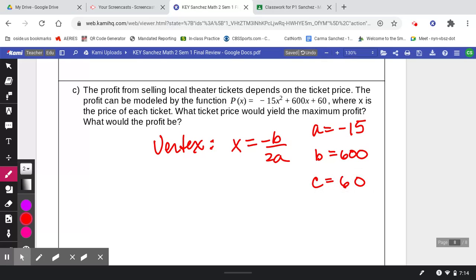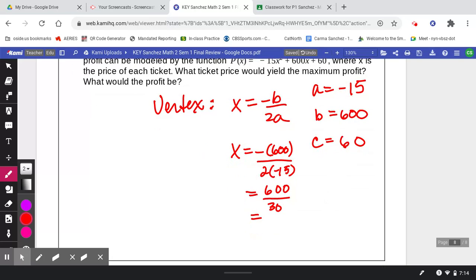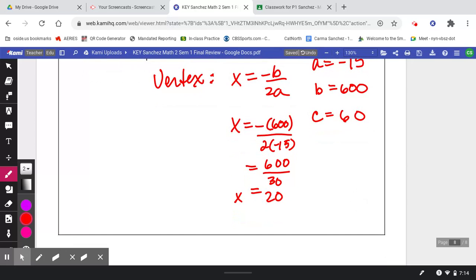And we just need a and b to plug into this little formula. So negative 600 over 2 times negative 15 comes out to 600 over 30, which is just 20. That's your x value of the vertex.